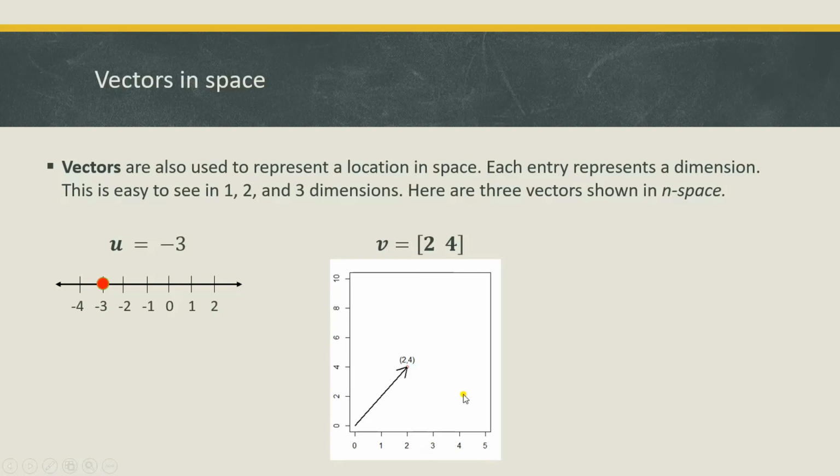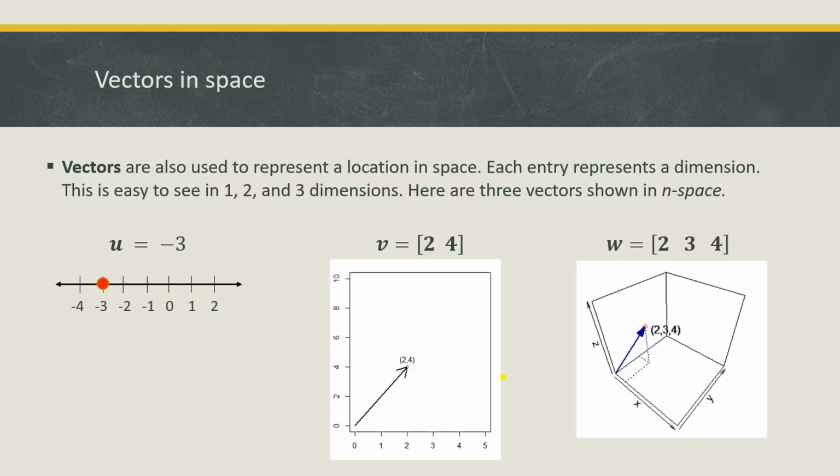So the vector 2, 4 can be represented at point 2 comma 4, so to speak. And then the vector actually runs from 0, 0 to 2, 4. So vectors are arrows whenever we get beyond a single dimension. So once we get to 2 space, 3 space, 4 space, and so on, they're really n-dimensional vectors.